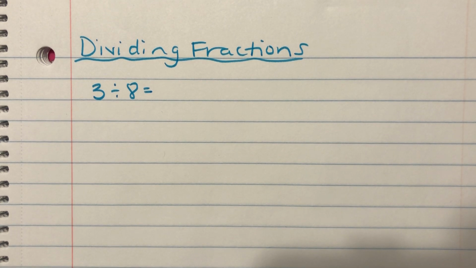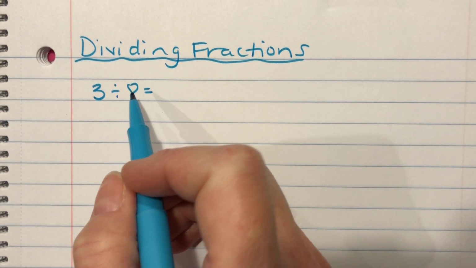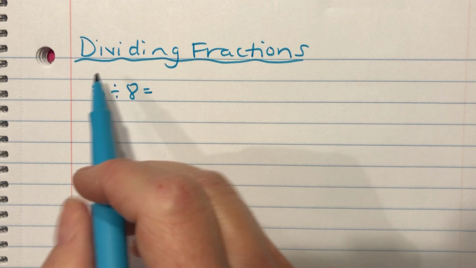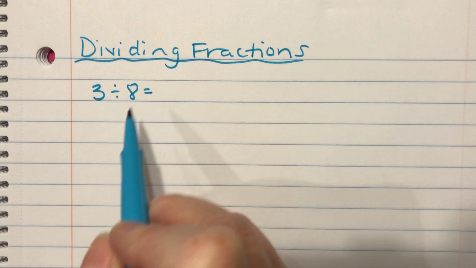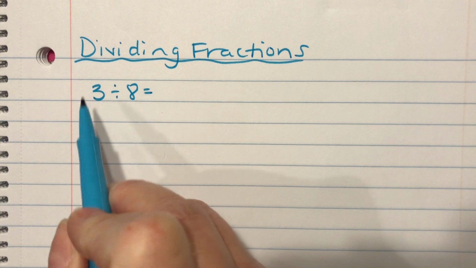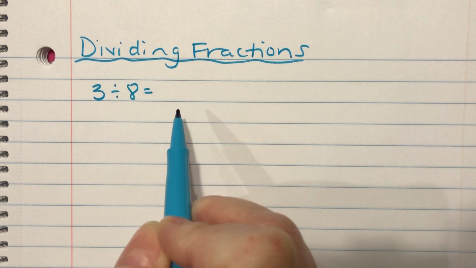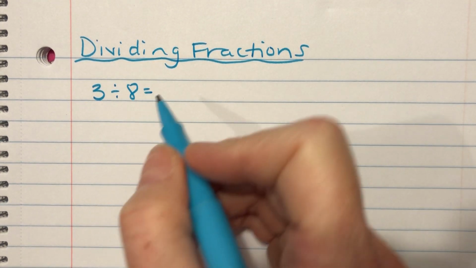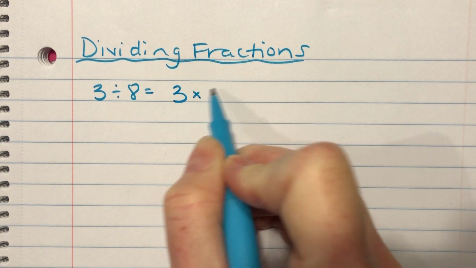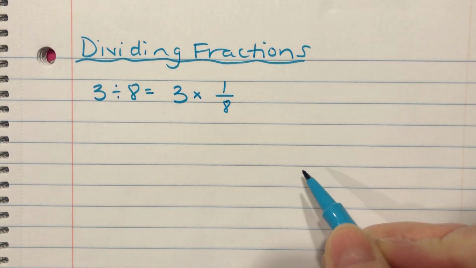So we used inverses to figure it out. We started with a visual picture, and we saw that we could use the inverse of division, which is multiplication. If you take 3 and divide it by 8, that's like taking 3 wholes and cutting them each up into eighths, and you have 1/8 of one, 1/8 of another, 1/8 of another. So 3 divided by 8 is the same thing as 3 times 1/8.